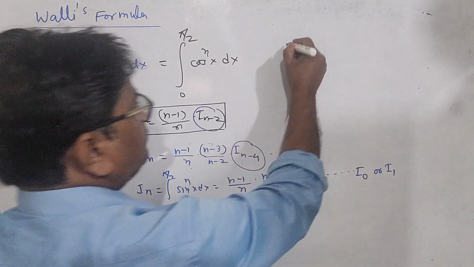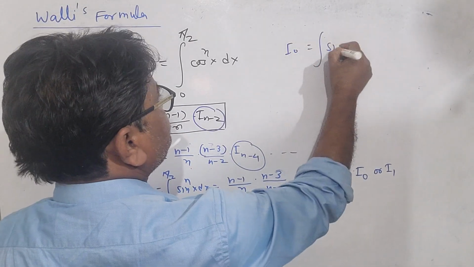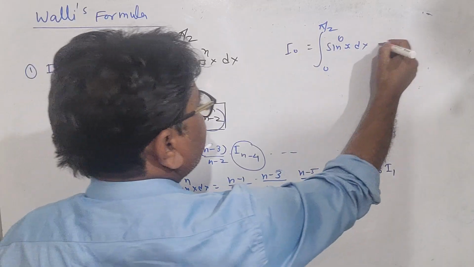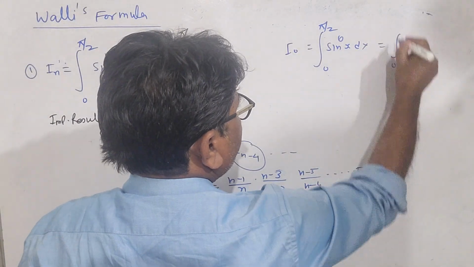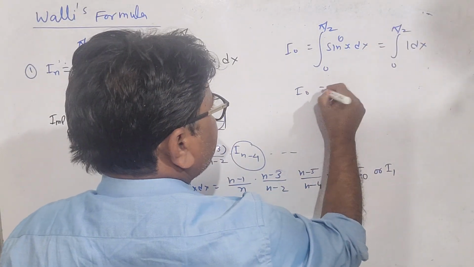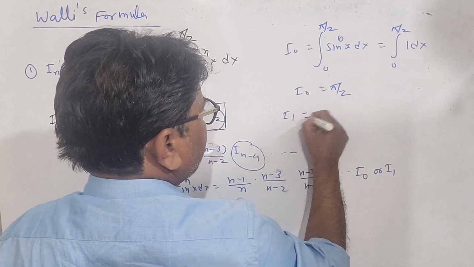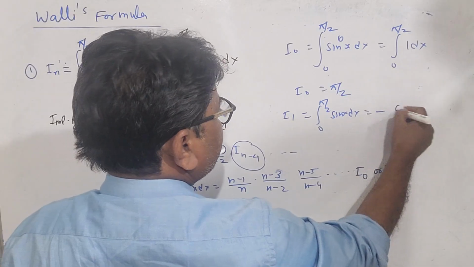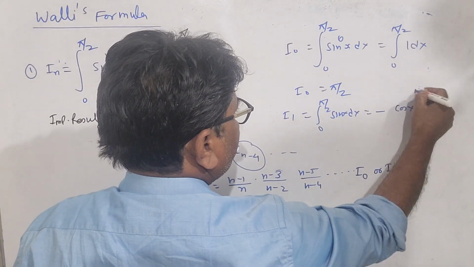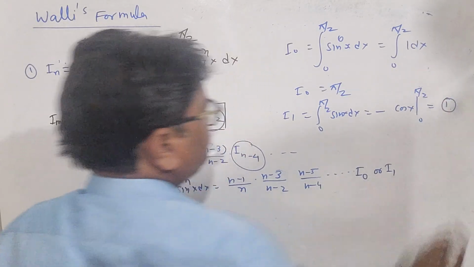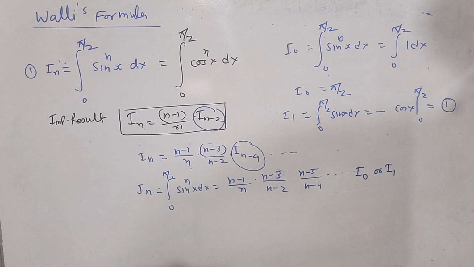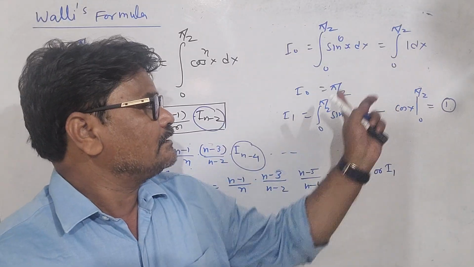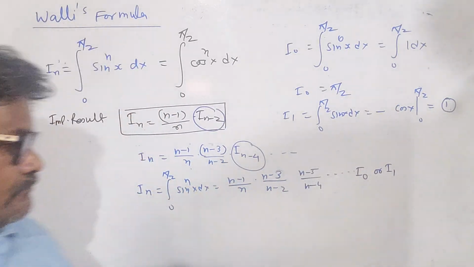I0 means the integration of sin^0 x dx from 0 to pi by 2, that is the integration of 1 dx from 0 to pi by 2. Finally I0 is pi by 2. And what about I1? I1 is the integral from 0 to pi by 2 of sin x dx, that is minus cos x from 0 to pi by 2, and that will become 1. Correct? Finally, you can see that the last term is either 1 or pi by 2 in multiplication.